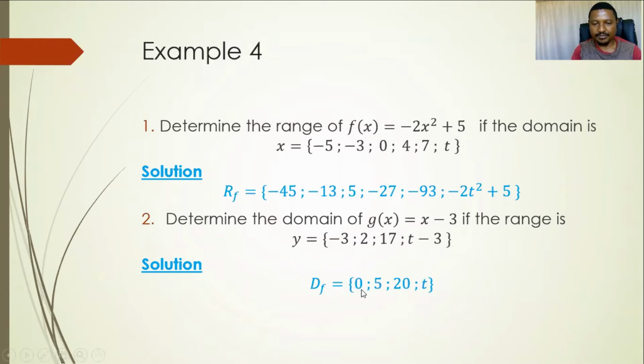The domain for g this time, not f, will be 0, as we have calculated, 5, 20, and t. Those are the elements of the domain, given that the elements of the range in there were minus 3, 2, 17 and t minus 3.